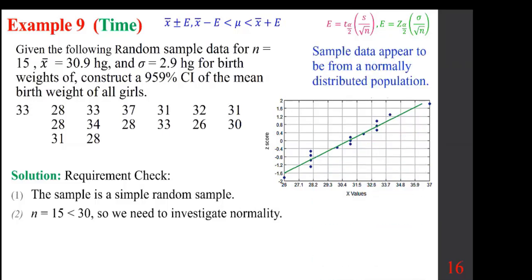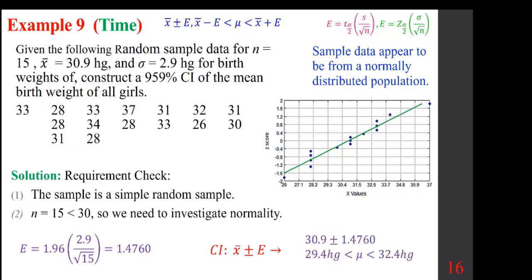If we come across a case like that out there, you're doing your research, you have to check the normality. Now you calculate the E using the fact that sigma is given as 2.9. You add and subtract this to x bar, and this is the confidence interval. Again, I'm mentioning this just for the sake of argument in case we come across a situation where n is not large and we are not sure if we are dealing with a population which is normally distributed.